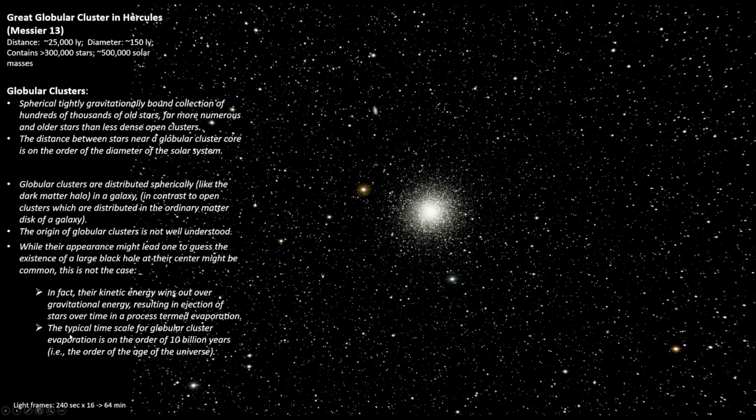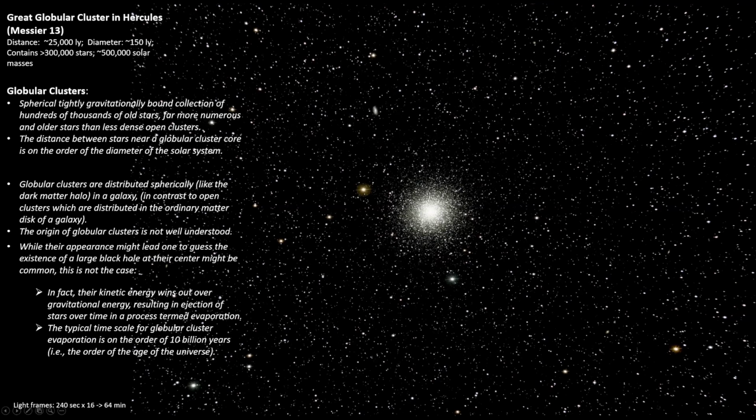Well, it turns out that the typical time scale for globular cluster evaporation is on the order of 10 billion years, okay? And well, the universe is nominally about 10 billion years, a little bit older than that. And that's why they're still around. They're all here, but they're all slowly evaporating away.